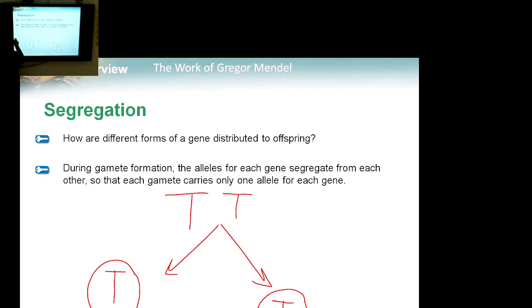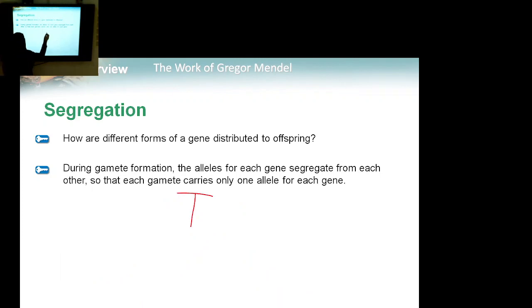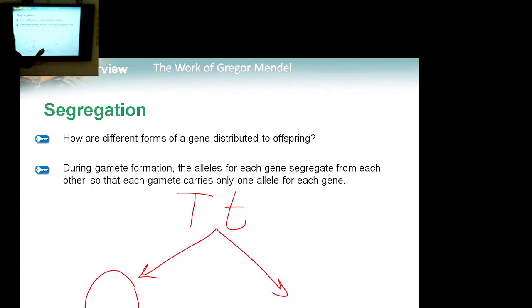What will happen if we have two different alleles, like T capital, T small? Once we form the segregation, the two alleles will be separated to form T capital and T small, two different gametes. Okay, this is the law of segregation. Did you understand that? Is it clear for all of you?